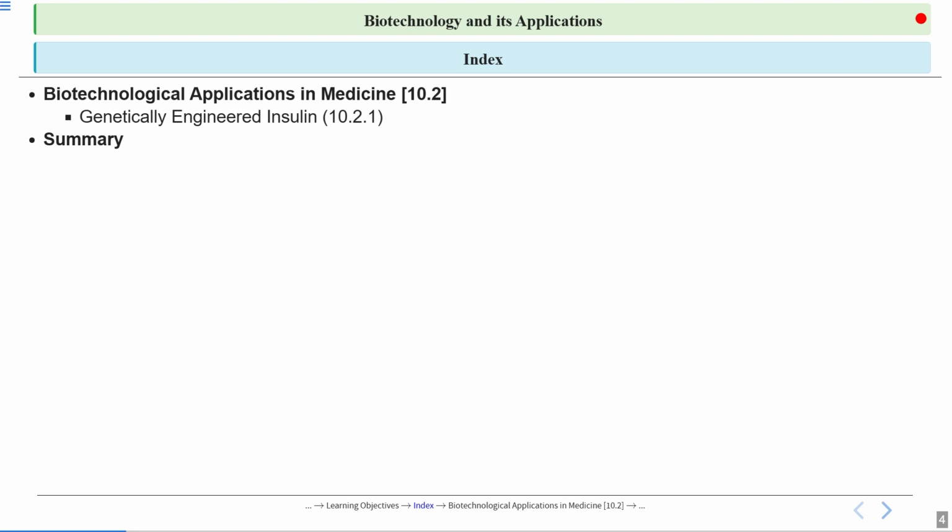Then we are going to summarize all the points. Then there will be some NCERT based questions which we are going to solve. Then there will be some keynotes for you. And lastly, there will be some interesting questions that you will solve yourself.